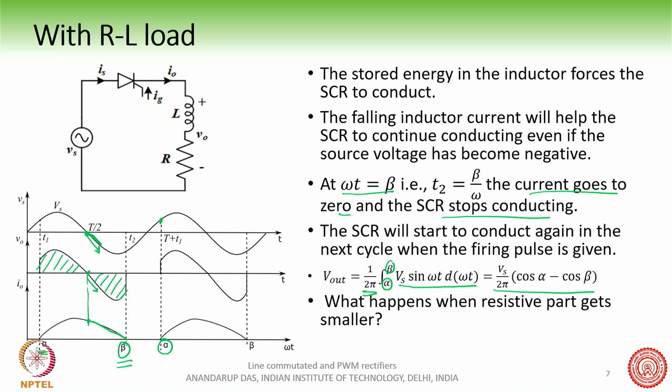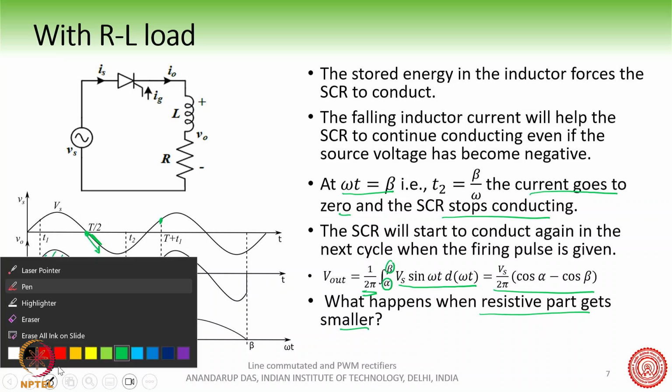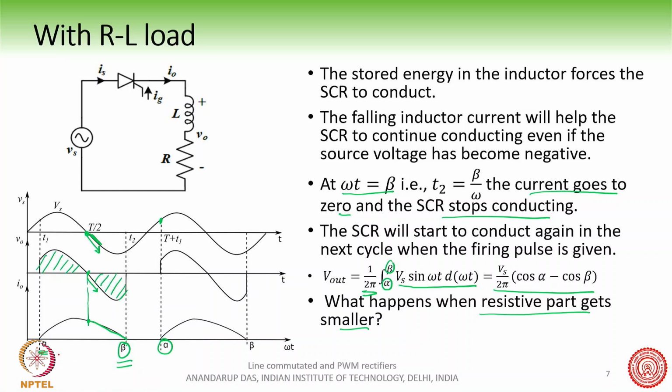One thing we would like to see is what happens when the resistive part gets smaller and smaller. When the resistive part becomes smaller and smaller, this beta angle starts to expand, so somewhere the beta will extend.